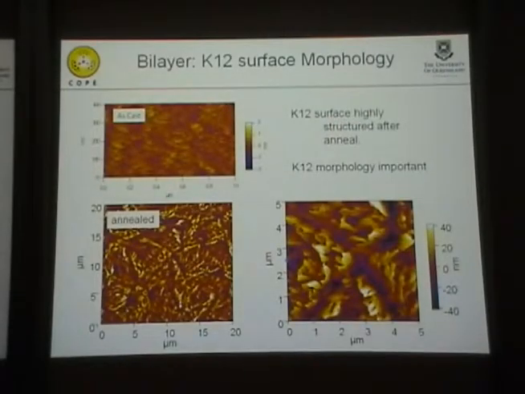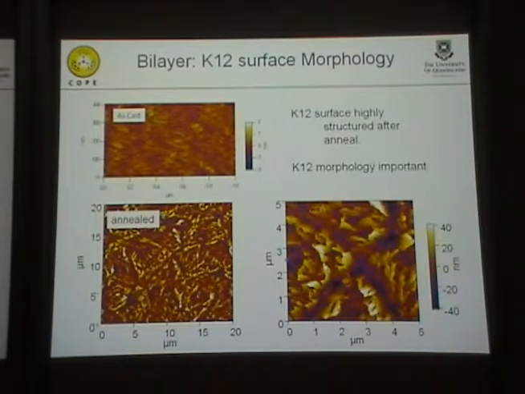So a closer look at the surface, we see that the as-cast film looks amorphous, but upon annealing, we see that there's this nice structured morphology, quite large, and so there's a clear structure-function relationship with the mobility there.